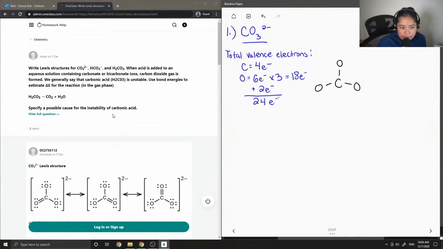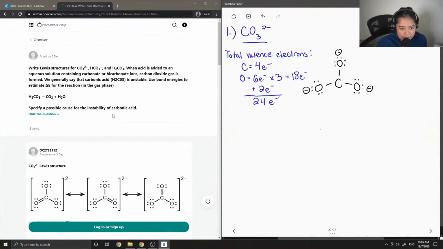So far I've drawn 6 out of the 24 electrons that I should have. So now I'm going to draw all of the lone pairs on oxygen. Each of them contains 3 lone pairs. And now let's count it out. These will all have negative charges as well.